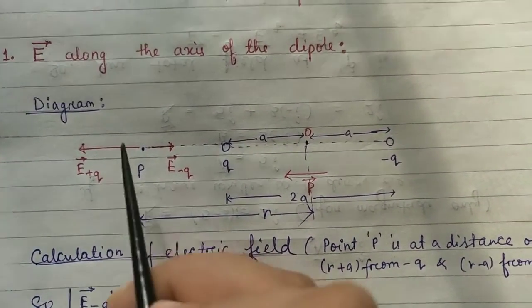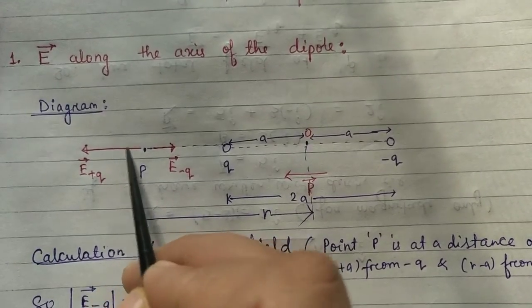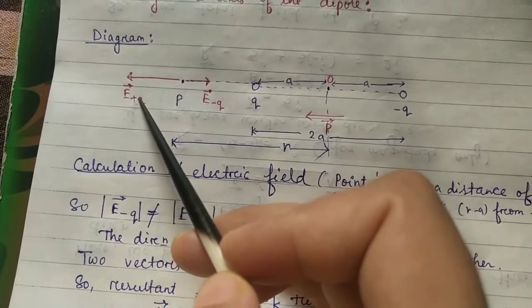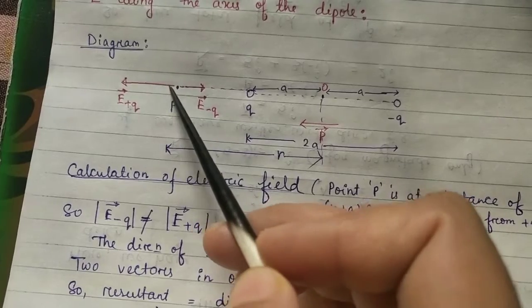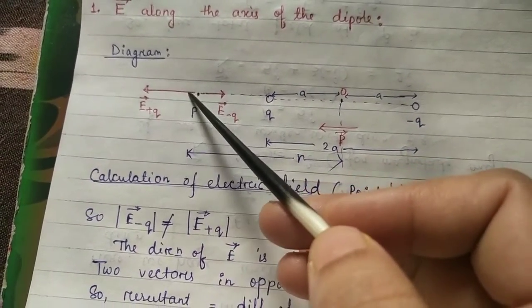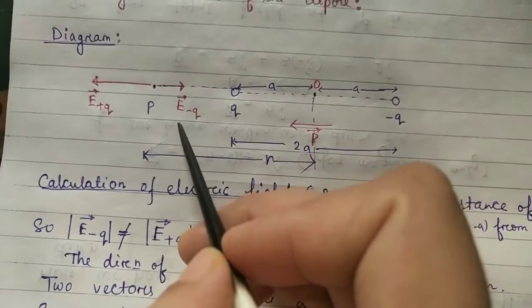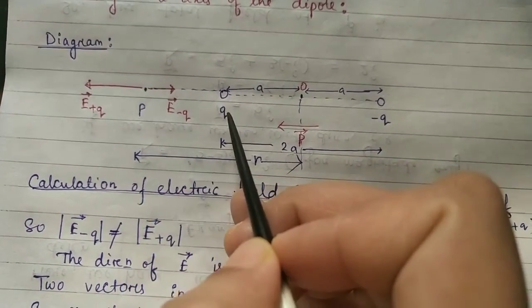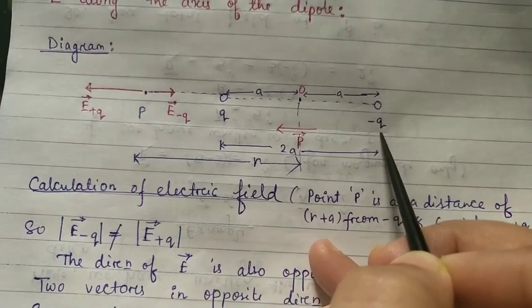Now one more point here. See, the arrow marks are not equal to each other. In the last video I told you about electric field lines, the length of the arrow shows the strength of the electric field. So one common sense we can apply here: point P is very near to the charge plus q, and it is far from minus q.